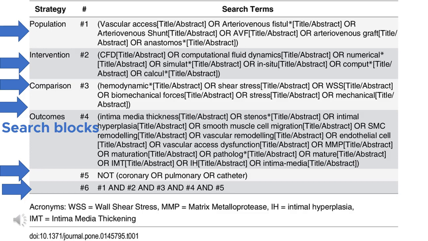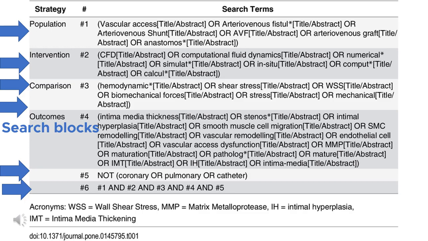But I'm just reading here, or in situ simulations, computation, calculations. So the authors of this paper wanted to see if there are computational fluid dynamics that can help people with those vascular problems. And they wanted to find a comparison. So that's a comparison block. That's what it's meant for.